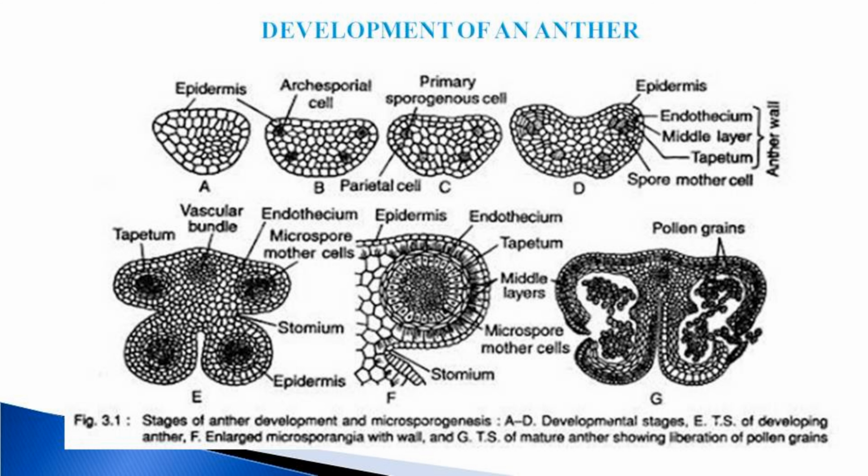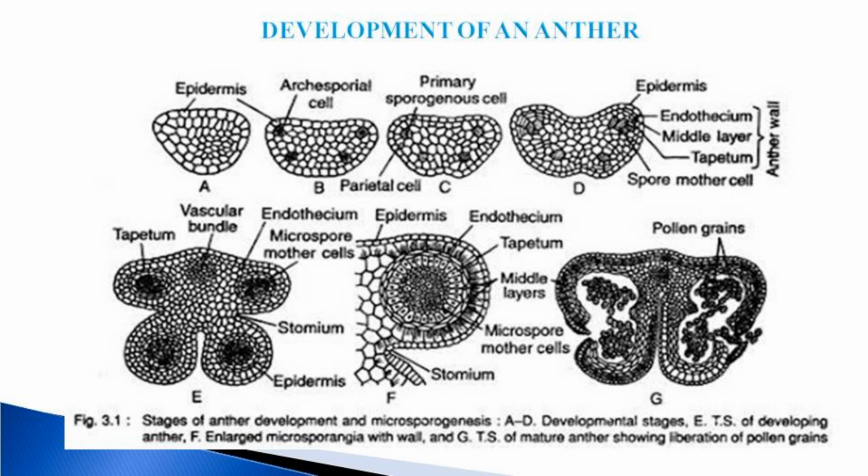You can see the third diagram where you can see the primary sporogenous cells towards the inner sides. Primary parietal cells towards the epidermis and primary sporogenous cells towards the inner region.